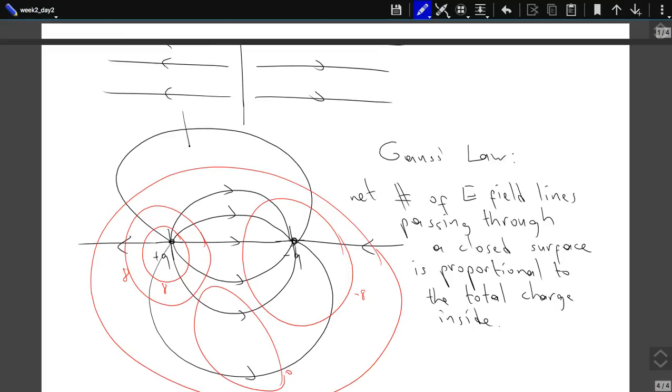Or if you just consider a similar area over here, we have to somehow curve it or assume that it is very small such that it is perpendicular everywhere. Now you see that these two areas are more or less equal, but there is one line passing through this one and two passing through this one. So the electric field at this point is larger than the electric field over there.